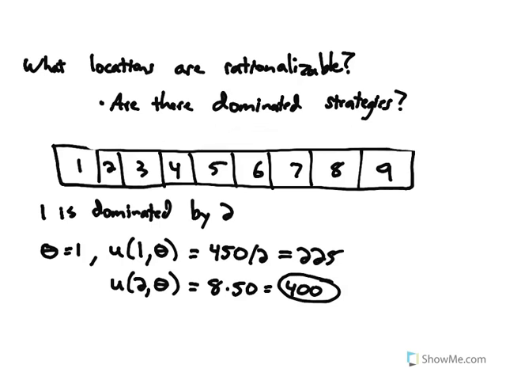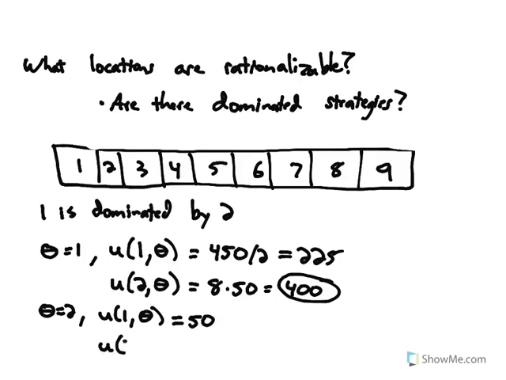All right, now what if theta is equal to 2? Well, if she locates at block 1, her utility is just going to be the proceeds associated with block 1, because the other person's going to get all of blocks 2 through 9, because she's closest to those consumers. So her utility is simply 50.